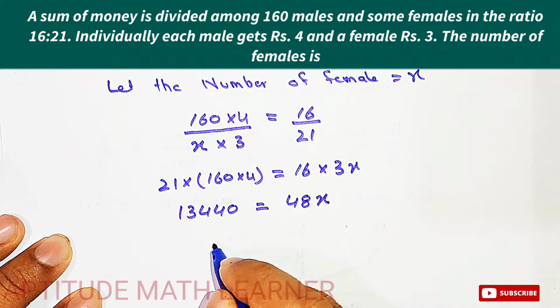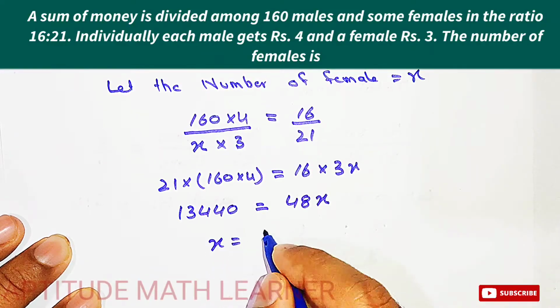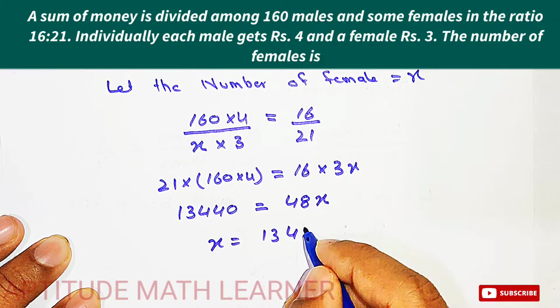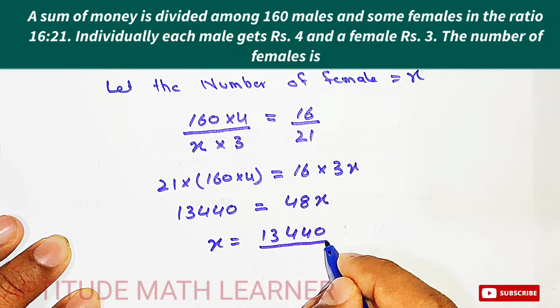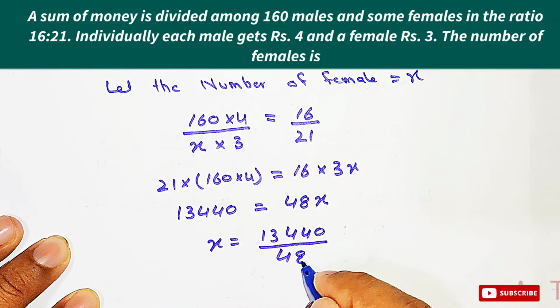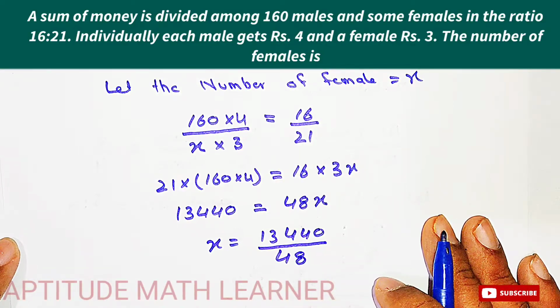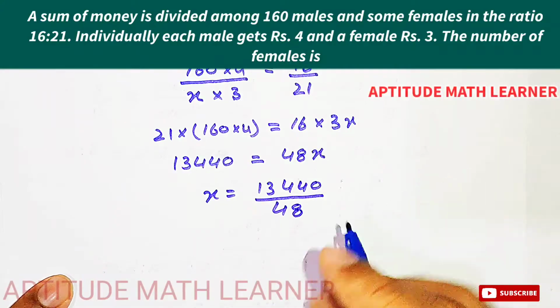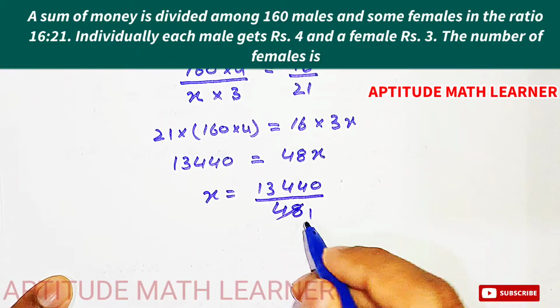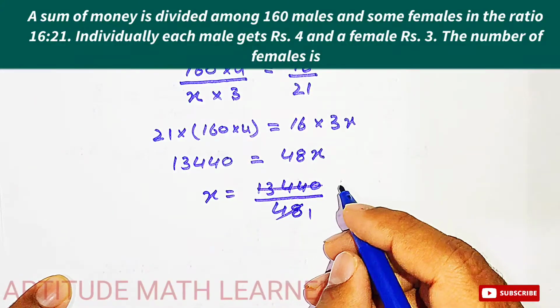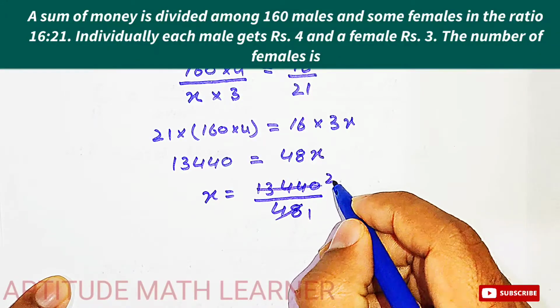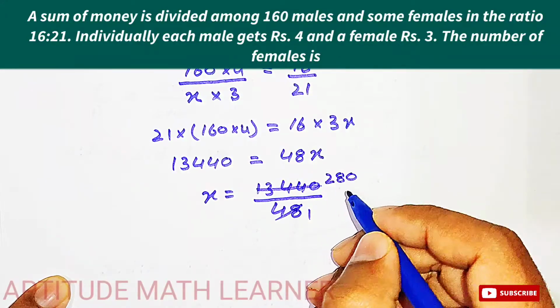So X is equal to 13,440 divided by 48. How much will we get? So this becomes 280.